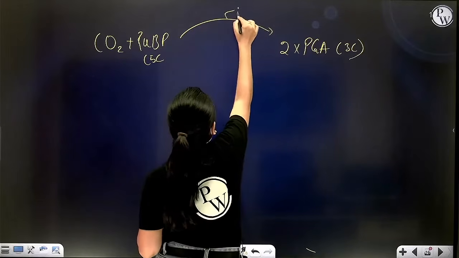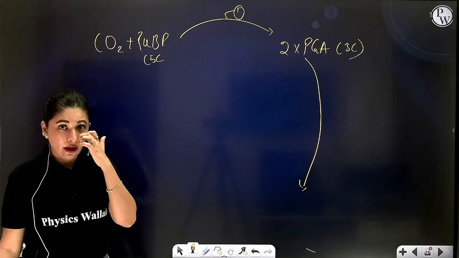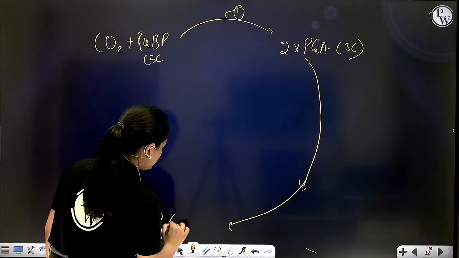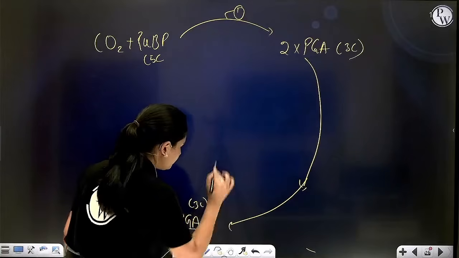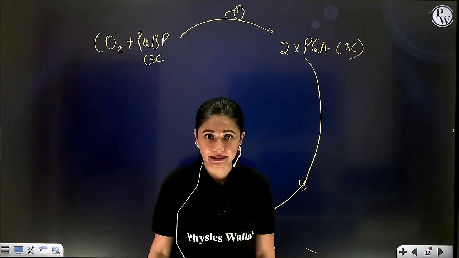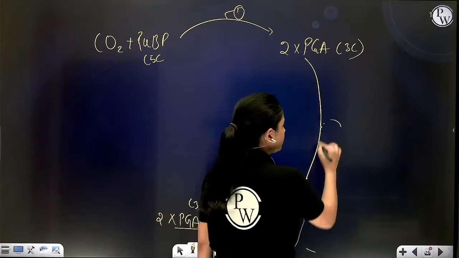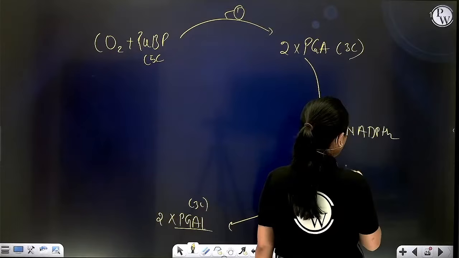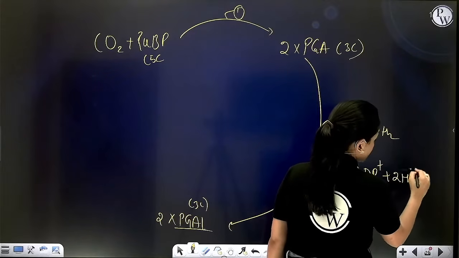First step is done. The second step is reduction, where phosphoglyceric acid is reduced to 2 molecules of the 3-carbon compound phosphoglyceraldehyde. In the reduction step, the reducing agent is NADPH2, which you have obtained during the light reaction.